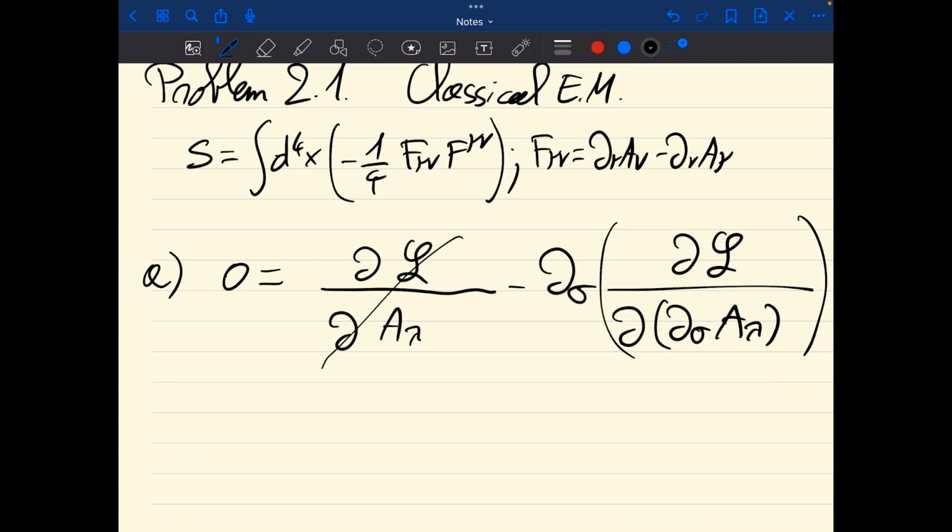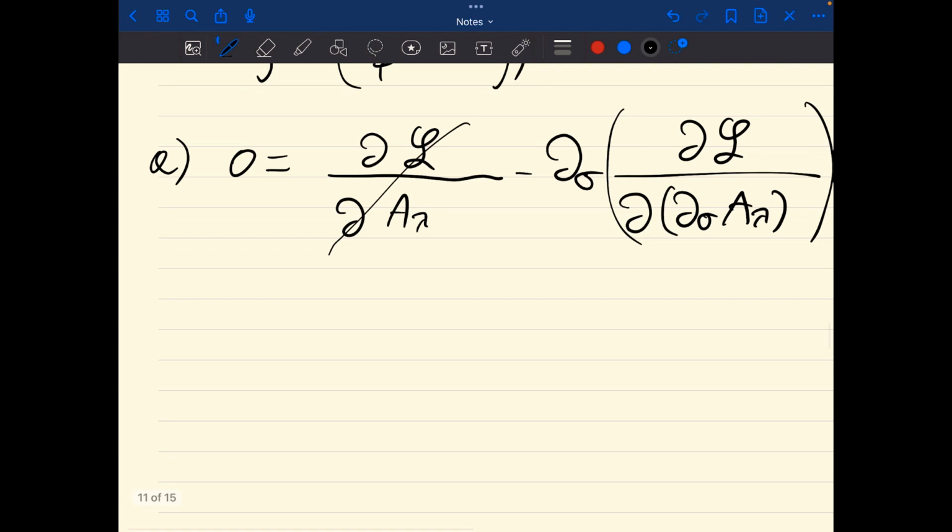So we want to evaluate this derivative. We'll start with something a bit simpler: evaluating the derivative of F mu nu, rather than F mu nu F mu nu, with respect to this d sigma A lambda. This is pretty straightforward.